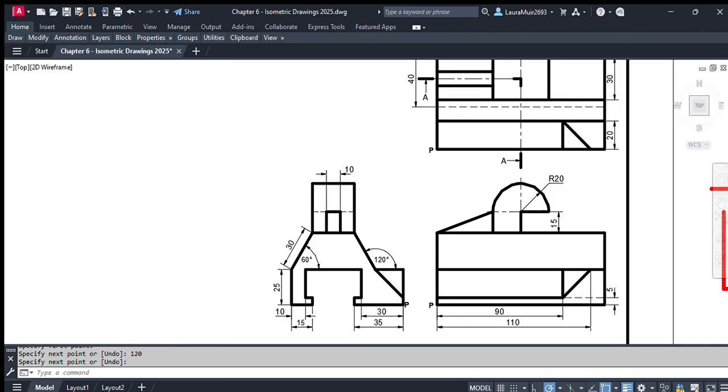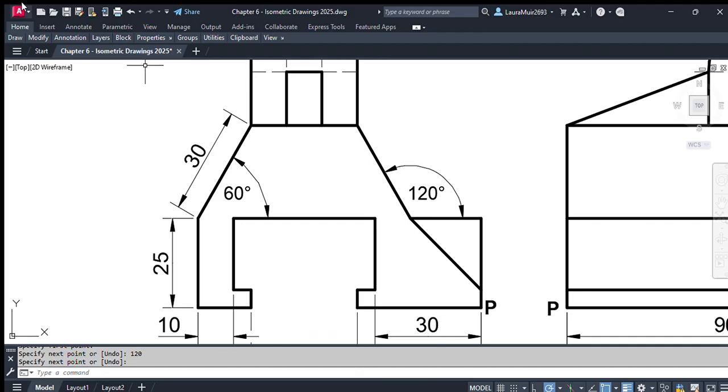And actually, now that I'm looking at it properly, look at this here. What is this? It's half a hexagon. So I'm going to need an auxiliary view of half a hexagon.